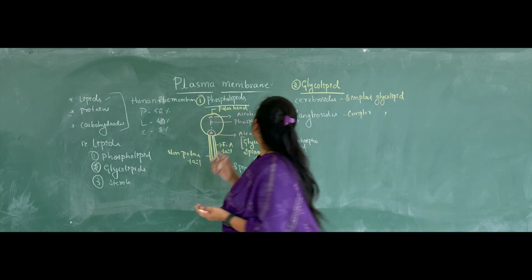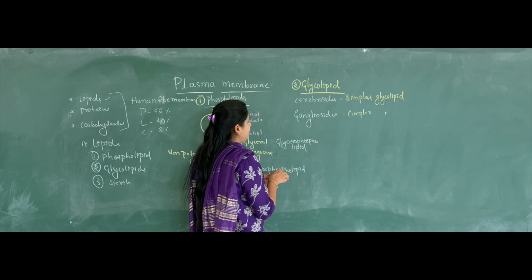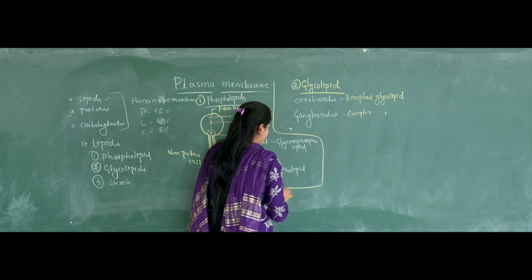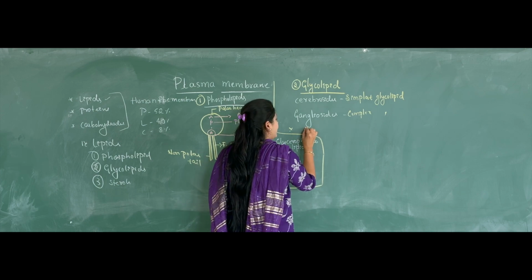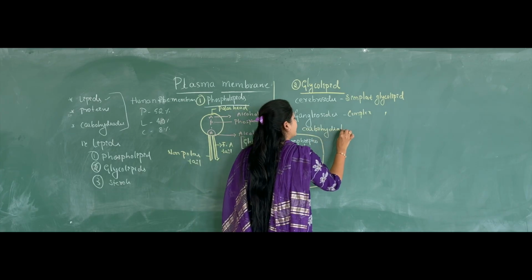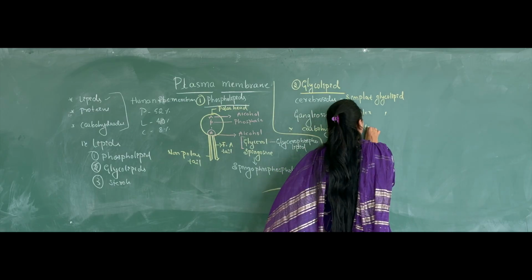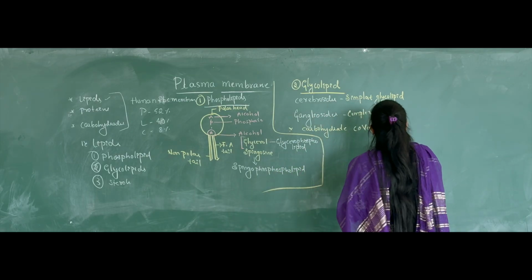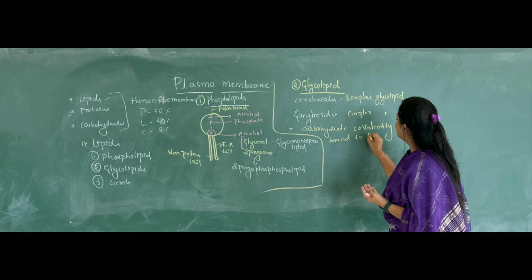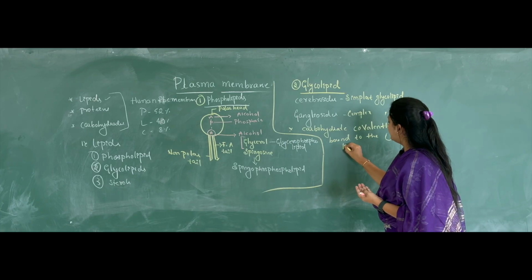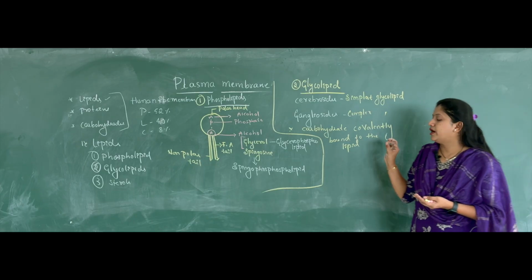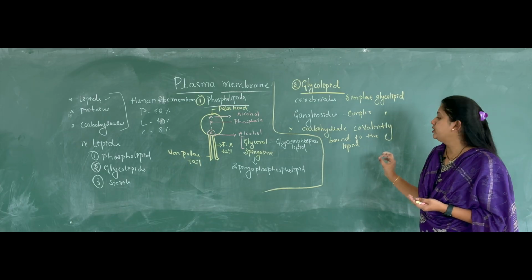So now what exactly is a glycolipid? So glycolipid is, so here this is, a sugar or a carbohydrate covalently bound to the lipid. It is covalently bound to the lipid. Okay. So a carbohydrate, or a sugar, is covalently bound to the lipid.